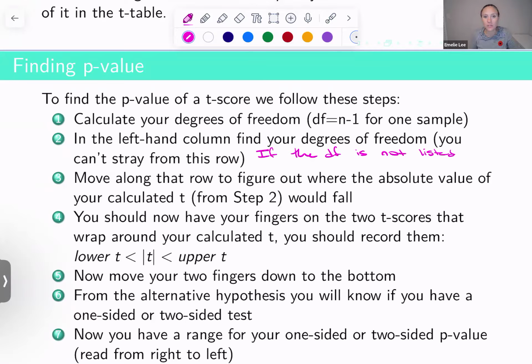So if the degrees of freedom is not listed, you round down to the nearest listed degrees of freedom.